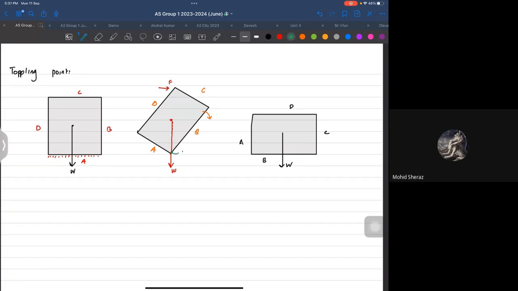This would be the toppling point. So, the work to bring an object to the toppling point. Now let's see.